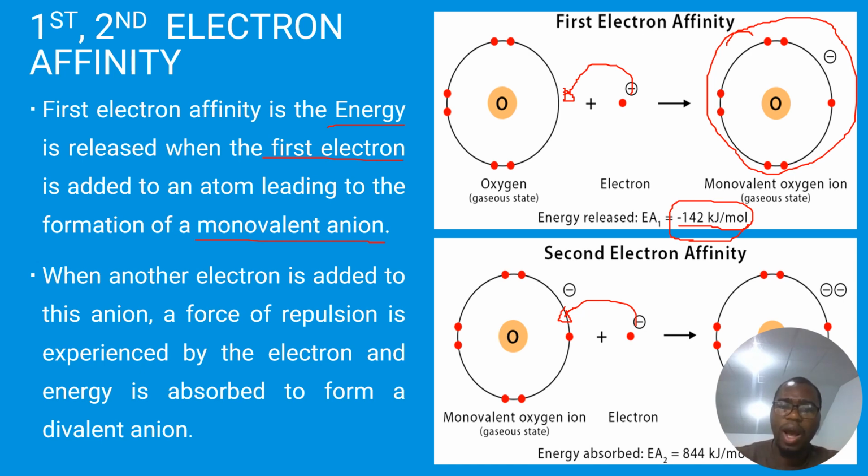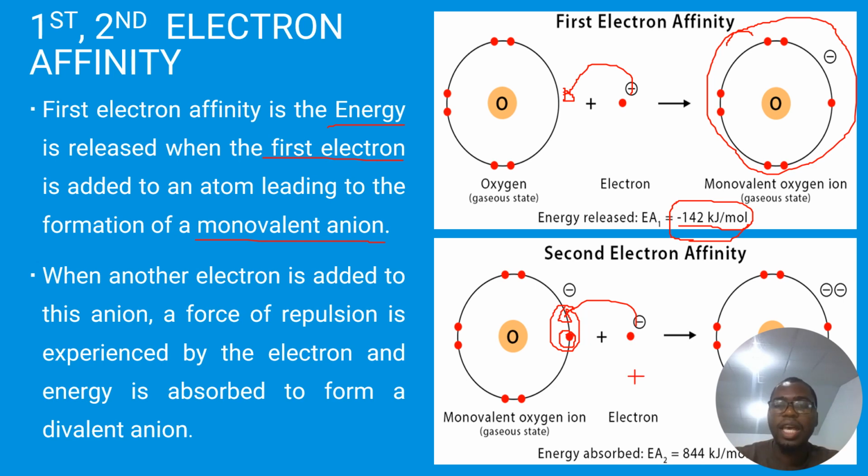Now, as we are adding this electron, there will be a force of repulsion experienced due to the presence of the electron that we already added. That force of repulsion is going to cause an absorption of energy. So instead of the energy being released like in the first one, here there is an absorption of energy. Because of this, the energy associated with the second electron affinity is positive.